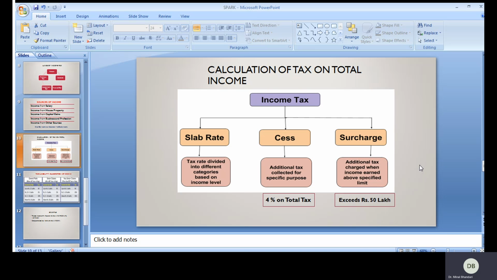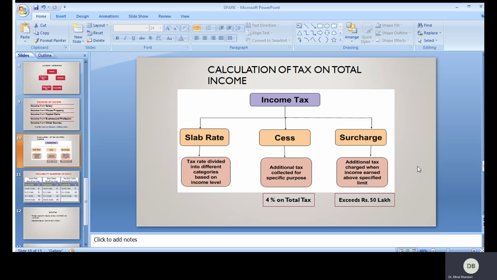And the third one is the surcharge, a tax on tax, additional tax charged when income earned is above a specific limit. In this year that limit is 10% on income tax if the taxable income exceeds rupees 50 lakhs but does not exceed rupees 1 crore.